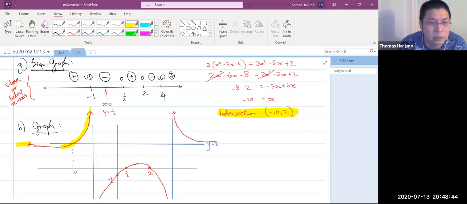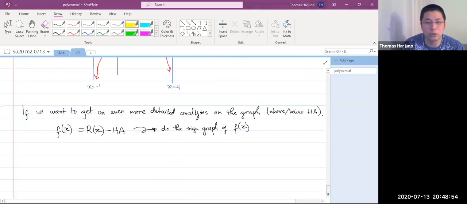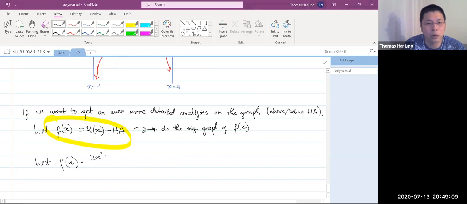But again, if you are interested in finding the sign graph above or below the horizontal asymptote, you do this thing here. Now let me put some detail into that. So let f(x) equal (2x² - 5x + 2)/(x² - 3x - 4) minus the horizontal asymptote 2.